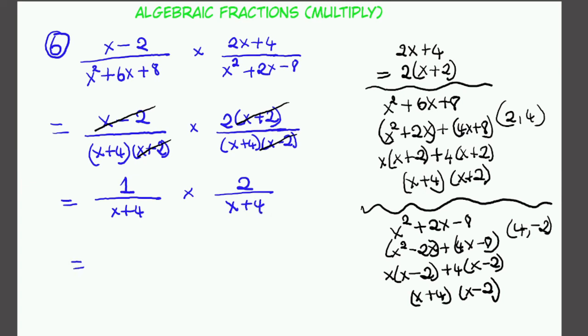Let's multiply to get our answer. 1 times 2 gives us 2, and x plus 4 times x plus 4 gives us x plus 4 squared. And this is our final answer for the final example: 2 over x plus 4 squared.